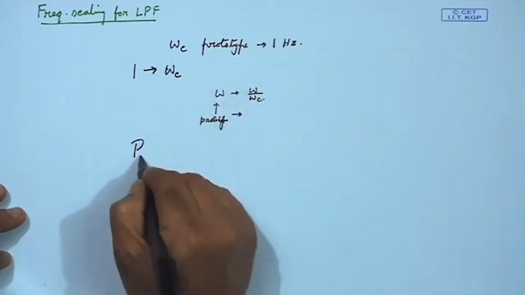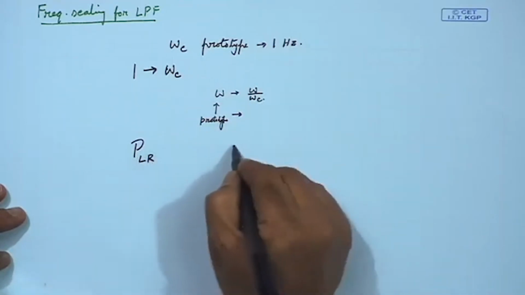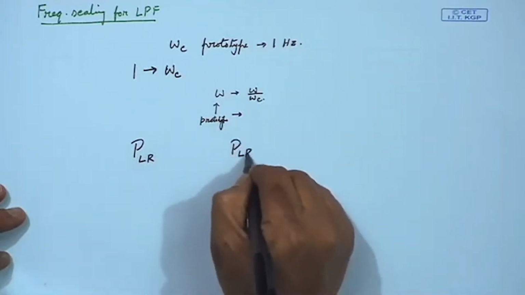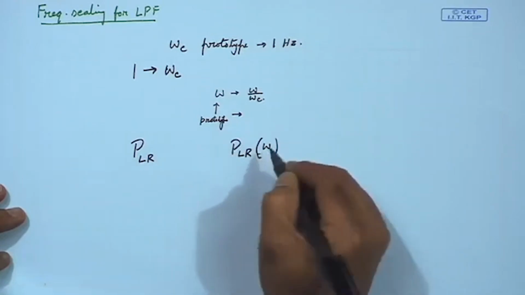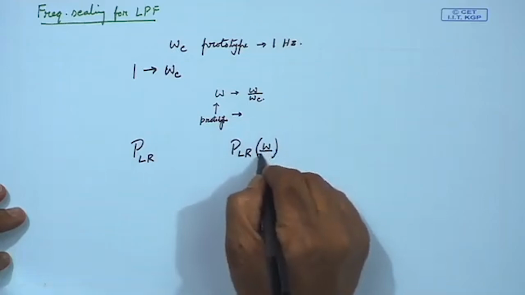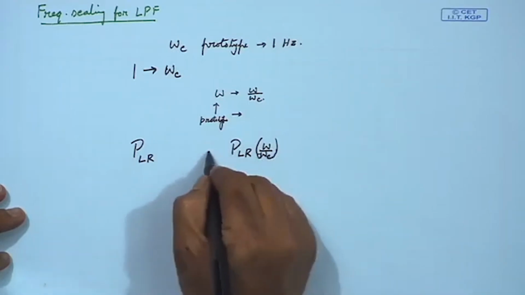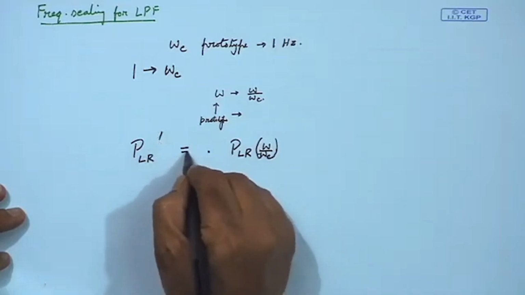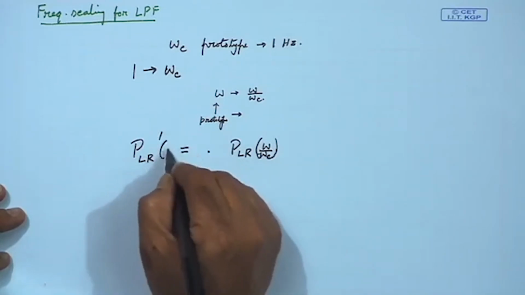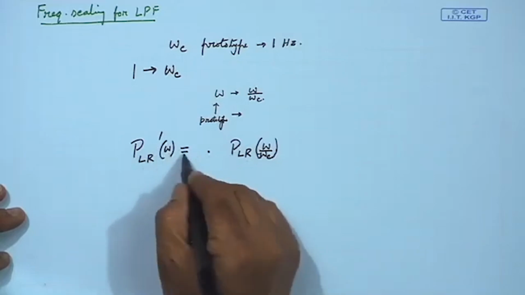That means, if the original insertion loss as a function of omega was this, we need to make that omega by omega c; this will then be given by the changed quantity PLR dashed, which is PLR with the new omega.